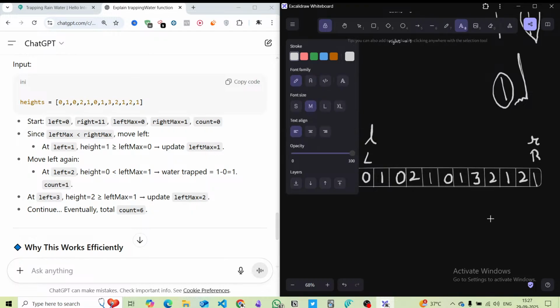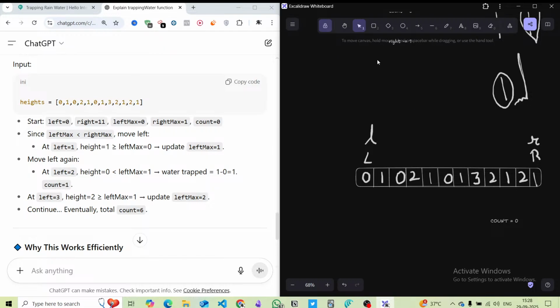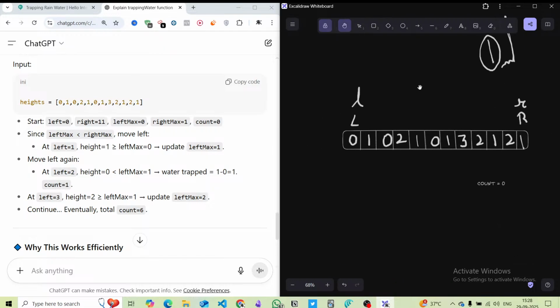And then I just have count. Okay. So now, since left max is less than right max, the left max we have is this, the left max 0.